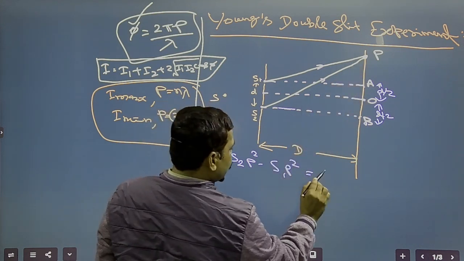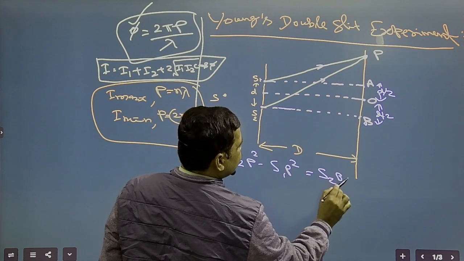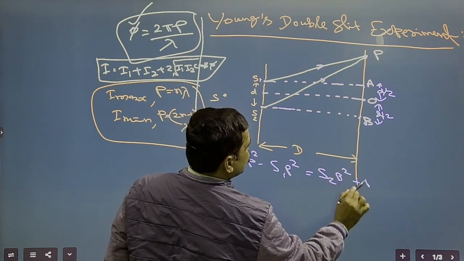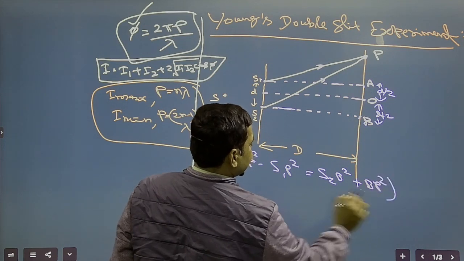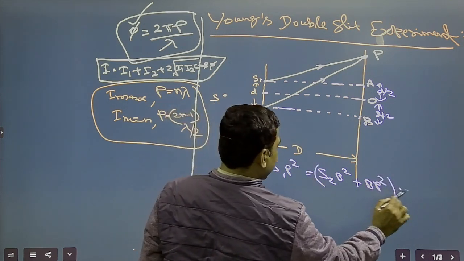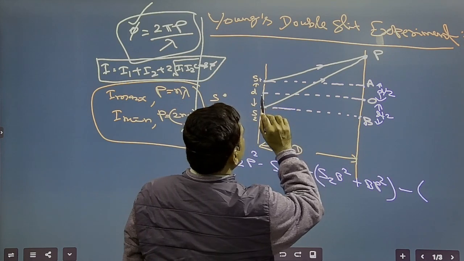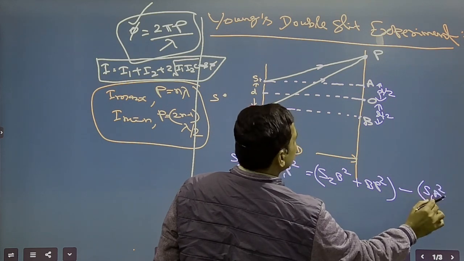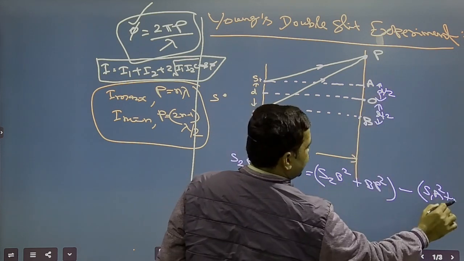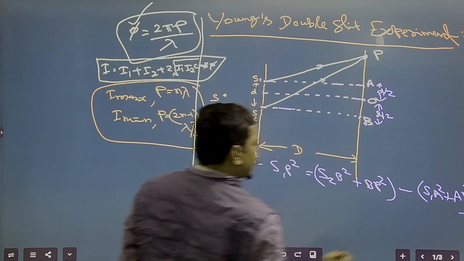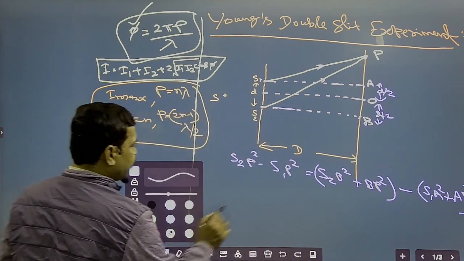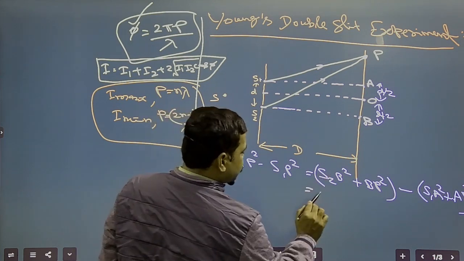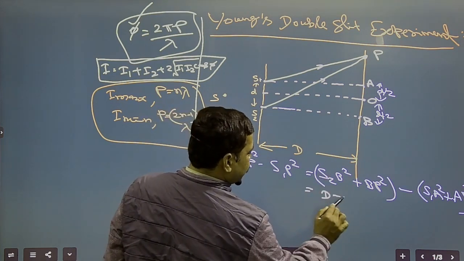So this will be S2B square plus BP square, right? And similarly for S1P, this will be S1A square plus AP square. Now putting the values here, what will I get? S2B is d.